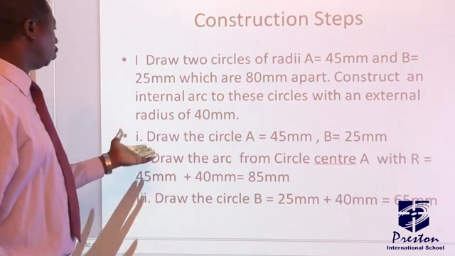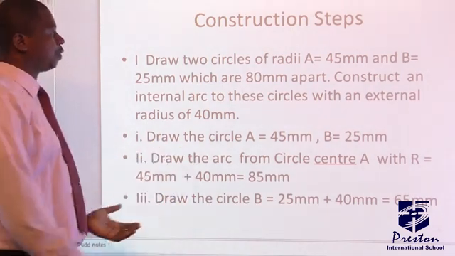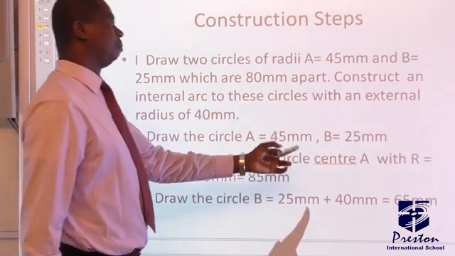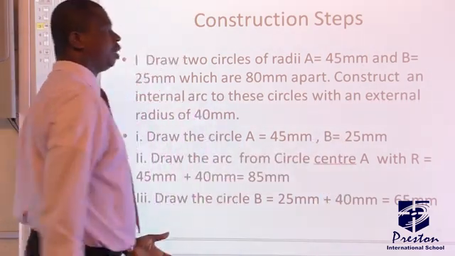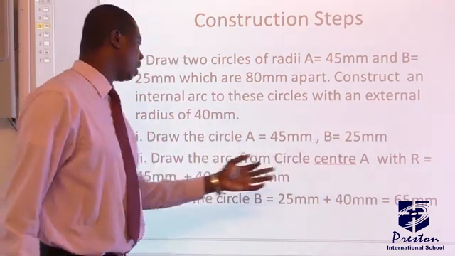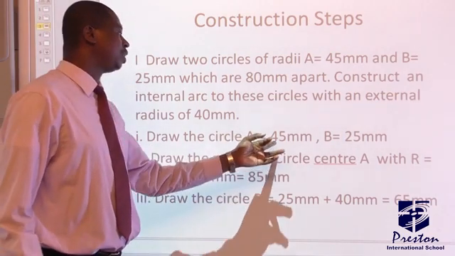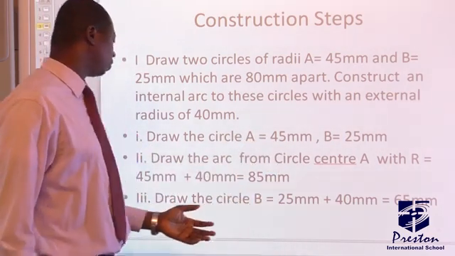For the first step, draw circle A, which is 45 mm in radius, and the second circle is B, which is 25 mm in radius.